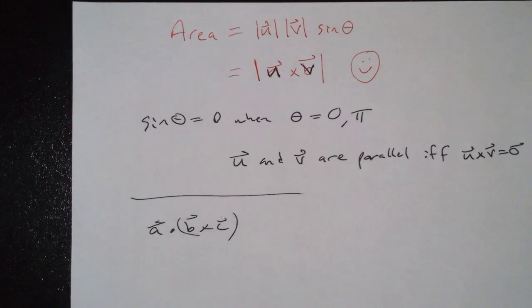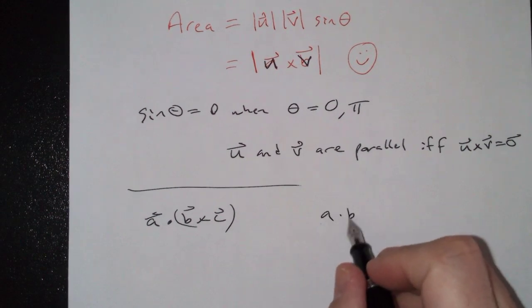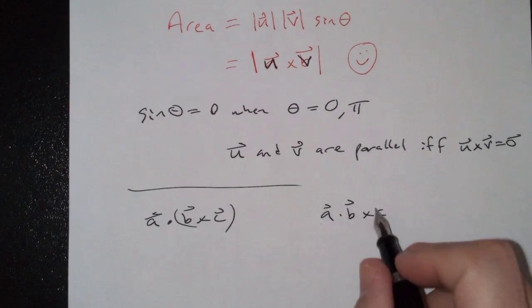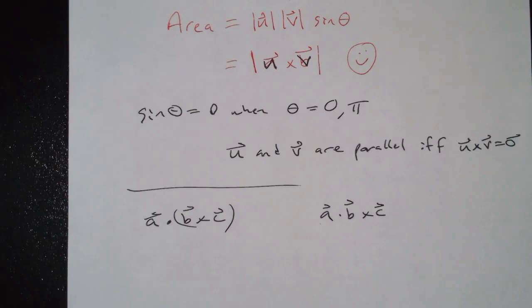Well, my first question is, why are there parentheses around this? Think about this for a minute. If I write it without the parentheses, you don't know which one to do first, do you?